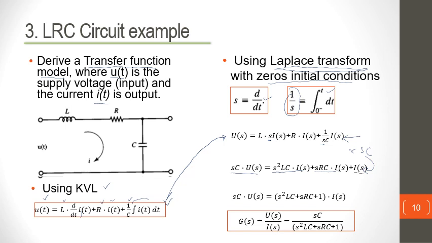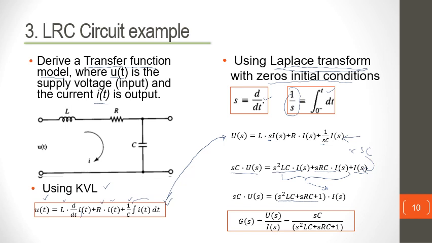Then we can factorize by I of s, and we get the common factor s squared LC plus s RC plus 1. Now this is equal to sC times U of s.